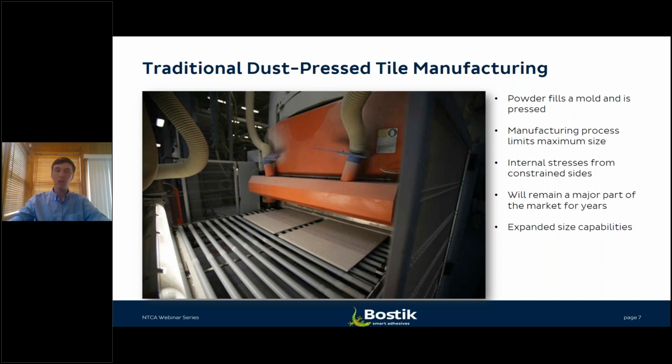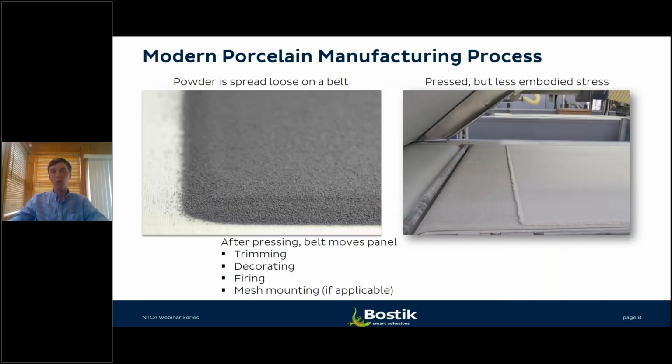There's a newer method and actually a variety of newer methods, but we'll kind of go high level here. But basically the most modern porcelain tile manufacturing process, these processes involve spreading the same powder, as you can see on the image on the left, across a belt or a conveyor type belt, and then pressed. But since this particular product has no edges to the mold, it doesn't really build up any embodied stress in the panel itself.